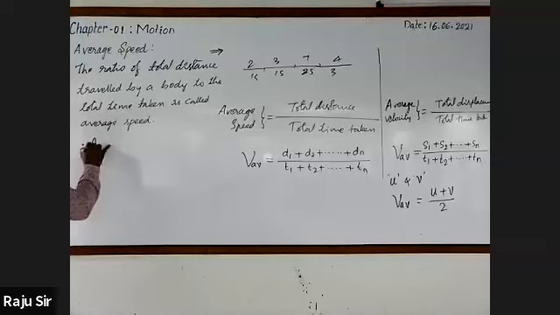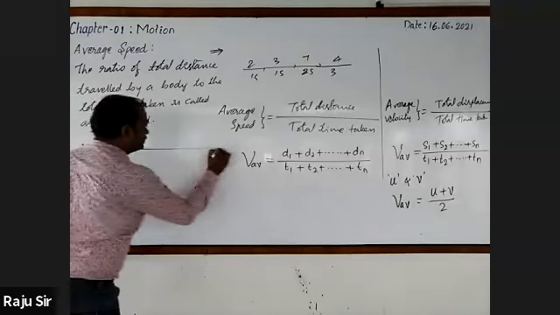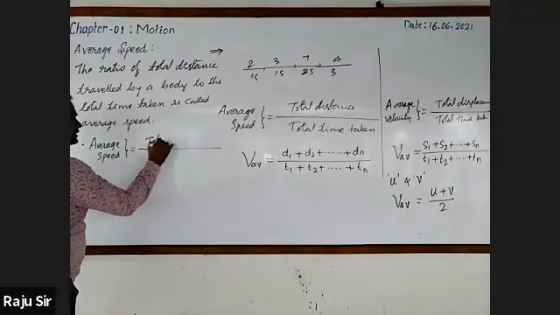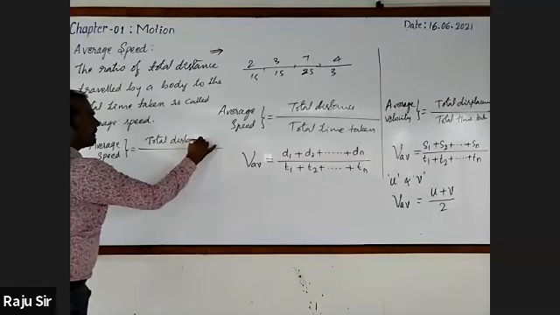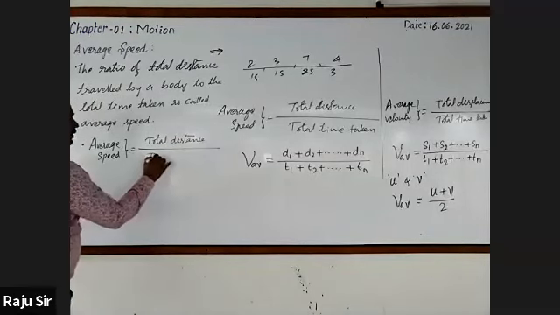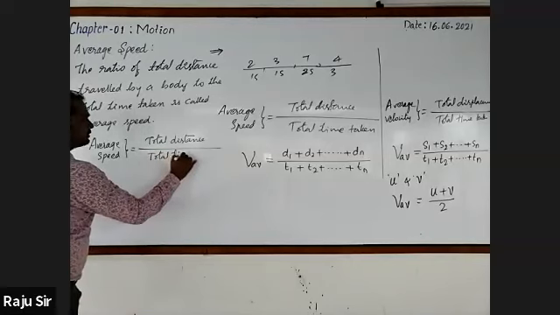Average speed is equal to total distance by total time taken.